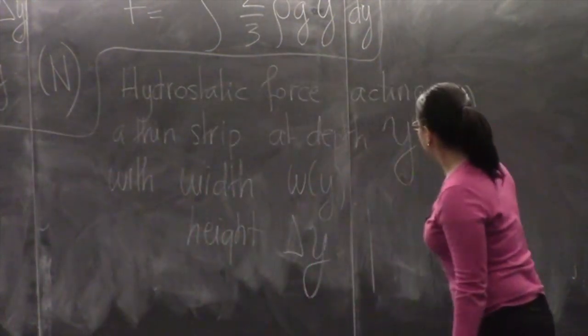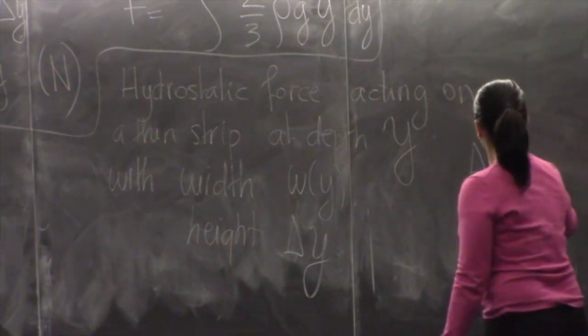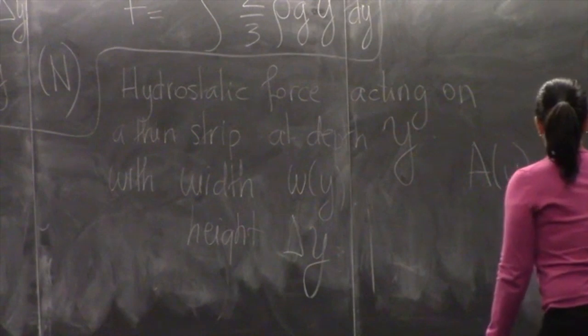So the area of the strip is going to be as before. It's going to be w of y times delta y.